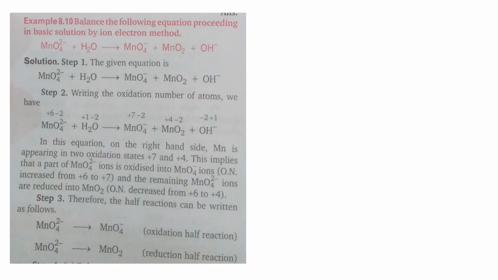MnO4 2 minus plus H2O is giving you MnO4 minus plus MnO2 plus OH minus. After writing the equation, write down all the oxidation numbers. After writing the oxidation numbers, you can see that MnO4 2 minus goes to MnO2.